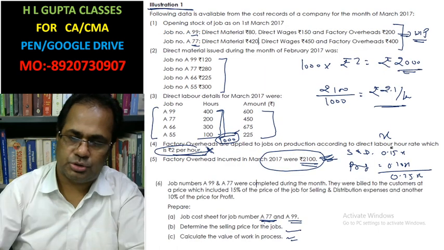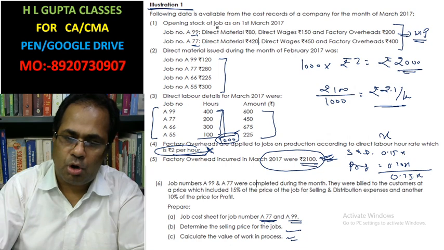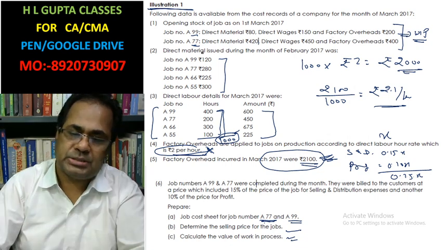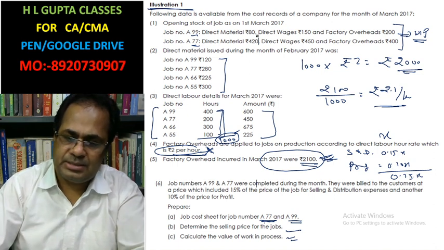Look at the question. The opening stock of the jobs is given as material, labor and overhead, which means the work in progress. This is 150, 80 and 200.